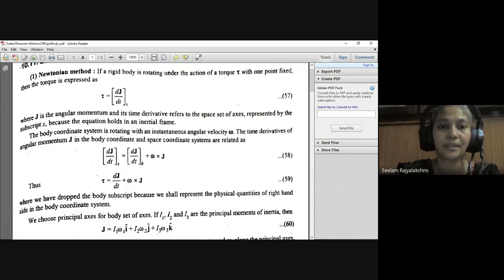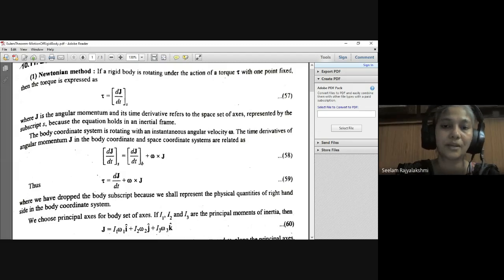If I1, I2, I3 are the principal moments of inertia, that means we are choosing the principal axes for the body set of axes. Then the angular momentum J equals I1 omega 1 i cap plus I2 omega 2 j cap plus I3 omega 3 k cap.